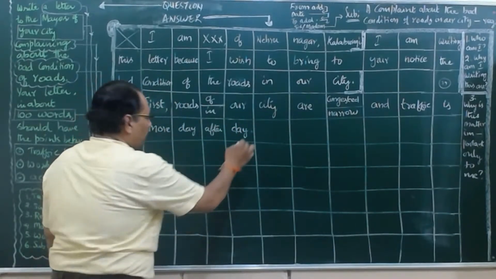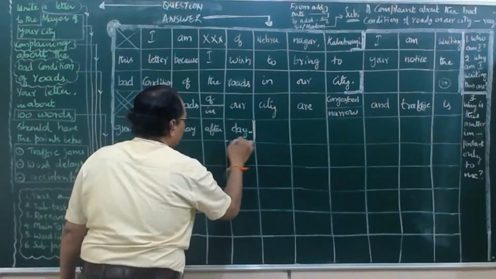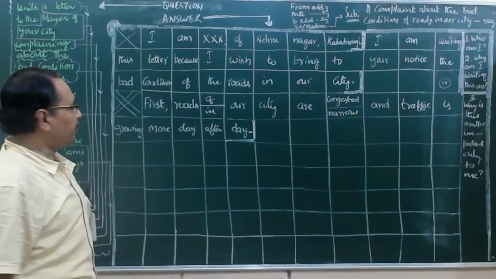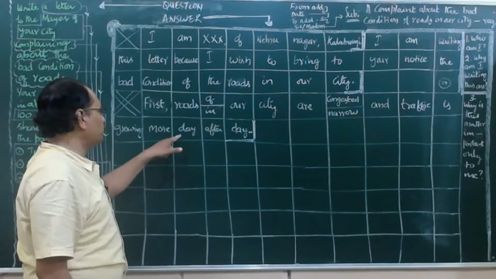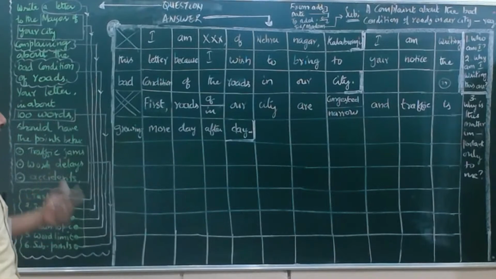Day by day is also correct, but that is more colloquial in sense. When we are speaking to friends in some informal way, you can say day by day. But when it comes to formal writing, kindly use day after day. So roads of our city are congested and traffic is growing more day after day.